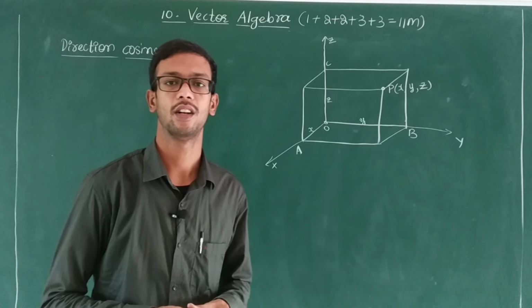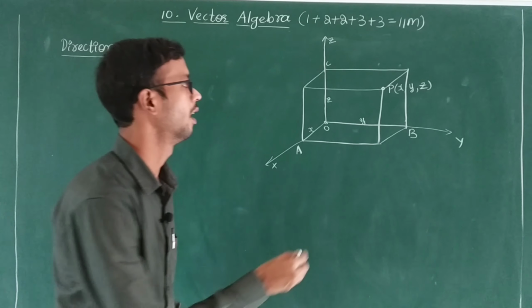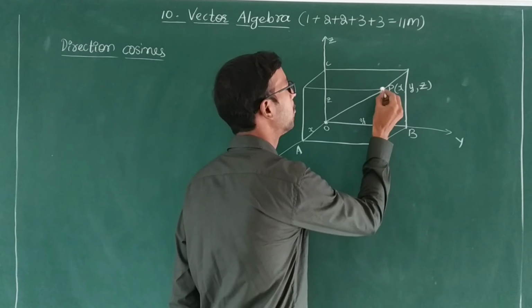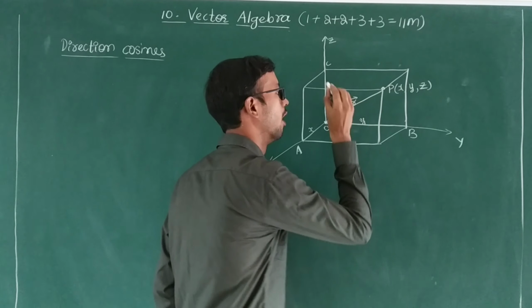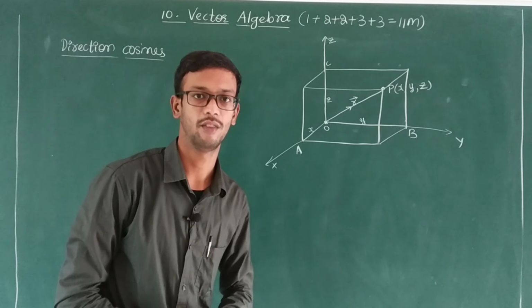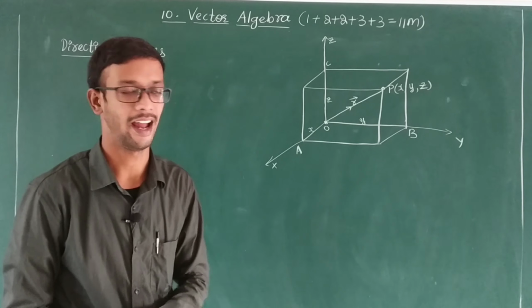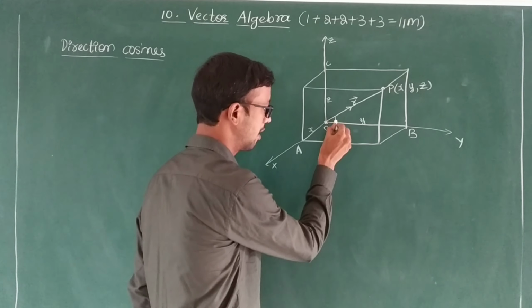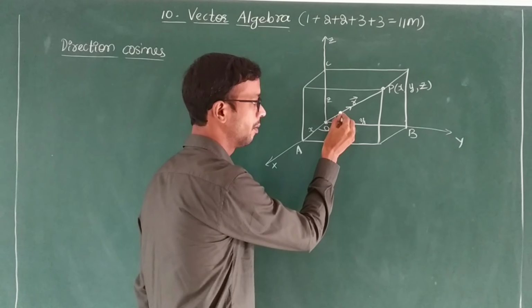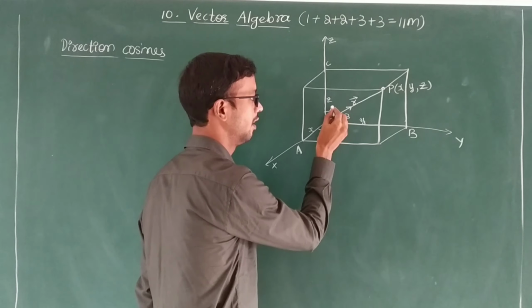Next one, direction cosines. For the direction cosines, consider a point P in space, and OP bar is a vector, also denoted by small r bar.